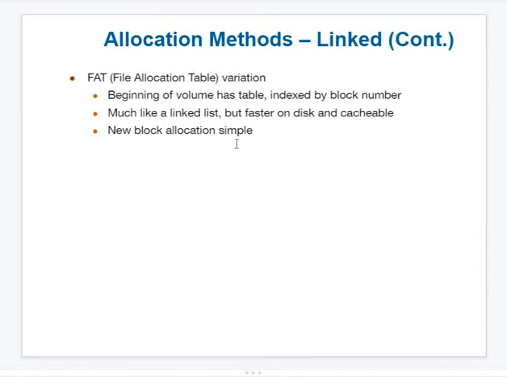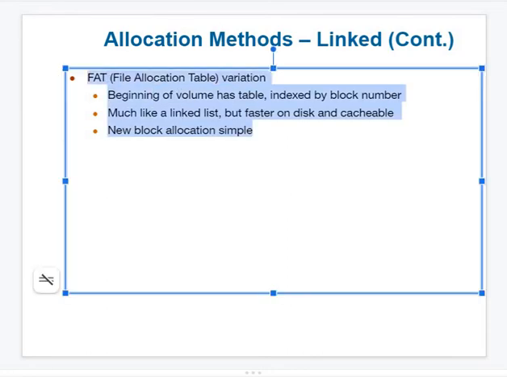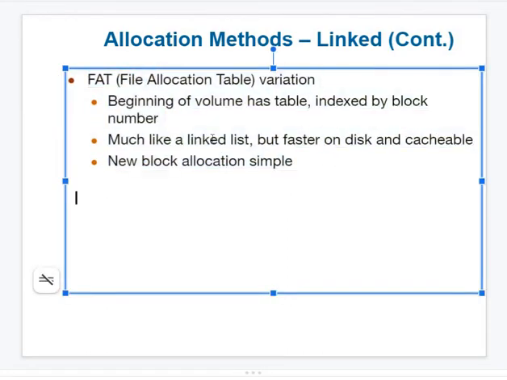So the file allocation table utilizes this linked method. I hope you know the keyword FAT or FAT32. This technique uses this mode of allocation, and it is faster and cacheable; we can implement it using the cache.